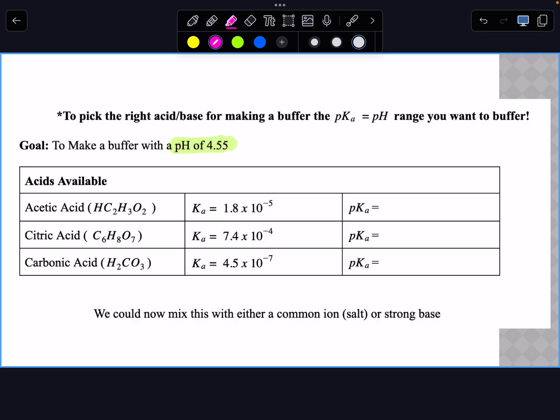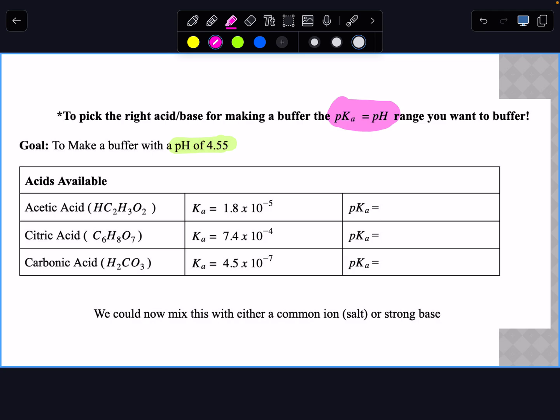When you're trying to pick your substance to create your buffer, you want the pKa to be as close as possible to the pH you're trying to buffer. Because if my acid naturally exists at a pH of 3, I can shift that a little bit, but it's going to be really hard to get an acid at a pH of 3 to change to a pH of 7. So you need to pick something that's already close to the pH you're trying to buffer at, okay?